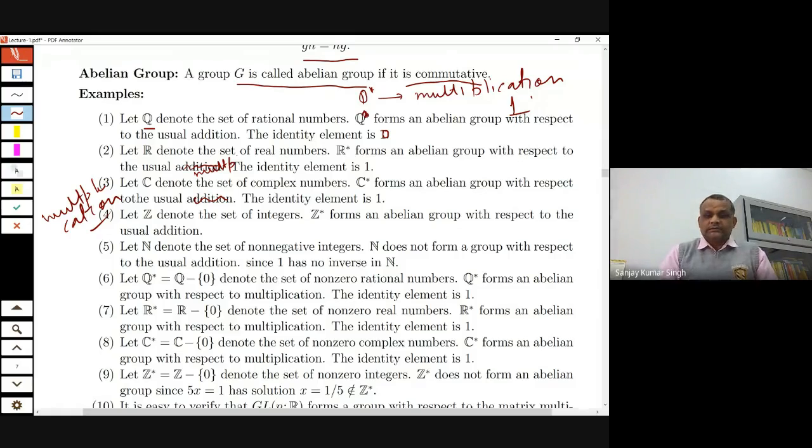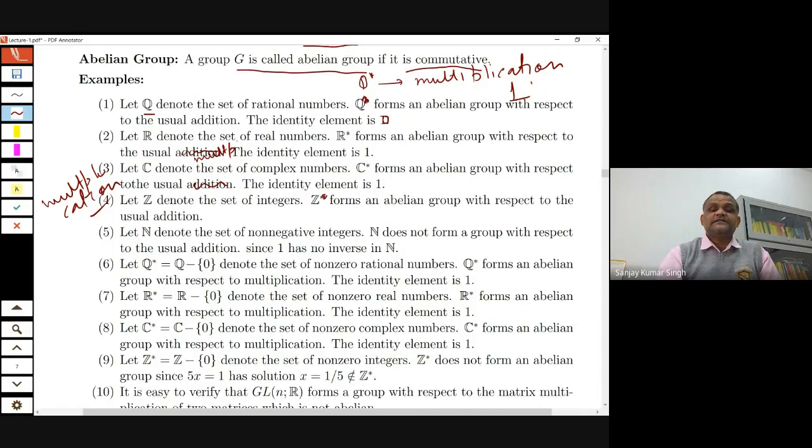And similarly, if you take Z, the set of integers, this is also an abelian group. Here star is not there. So Z, the set of integers, forms an abelian group with respect to usual addition, and then the identity element is 0.